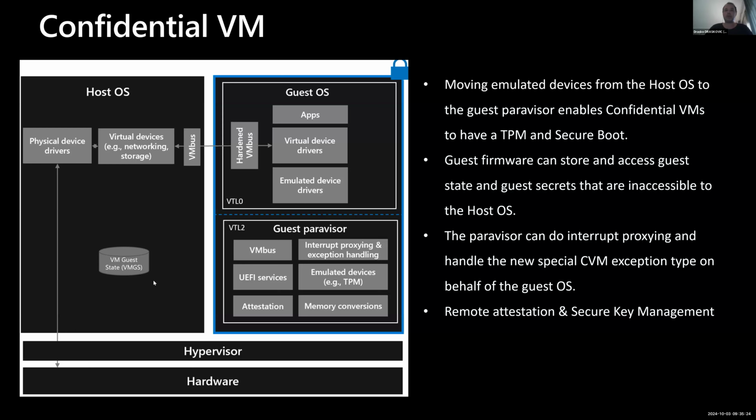No, actually, I read on the Microsoft blog post that it also implements a paravirtualized I/O model. Yes, I'll get to that. So this is the old paravisor. The new OpenHCL paravisor has that new functionality, which is really cool.